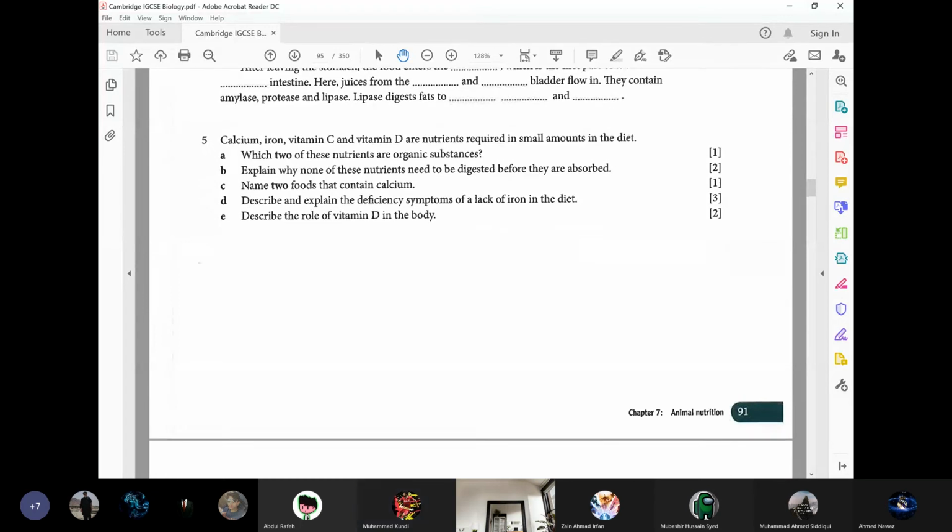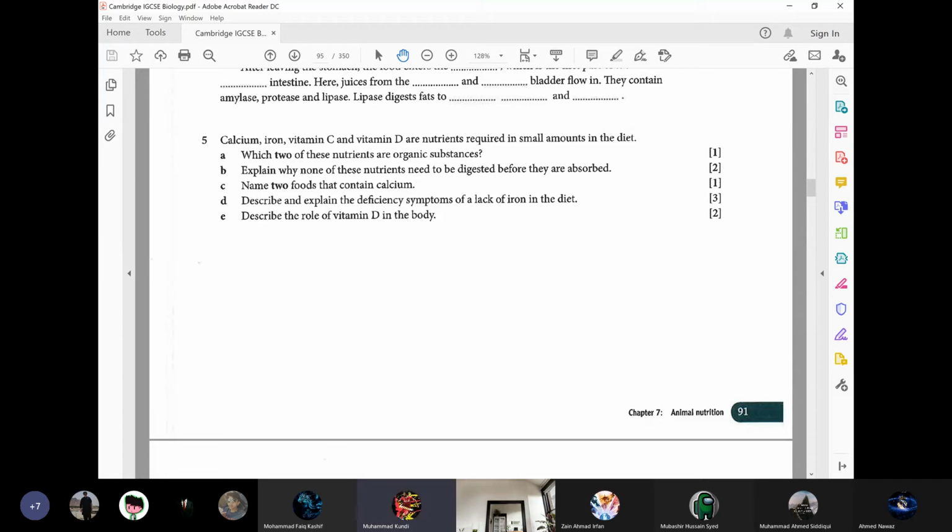Next one, describe the role of vitamin D in the body. The role of vitamin D: for the absorption of calcium. Very good. It helps in absorption of calcium into the bones, right?